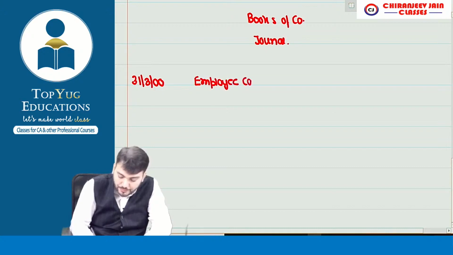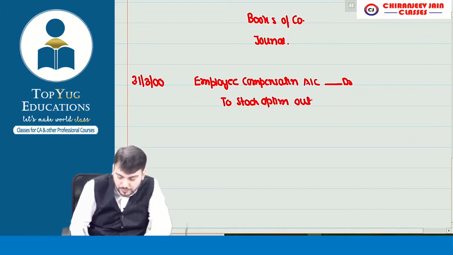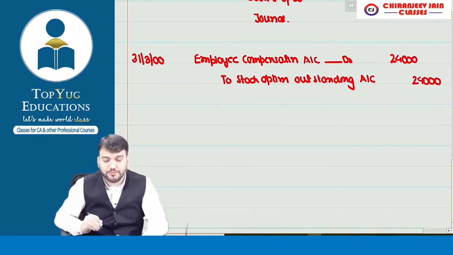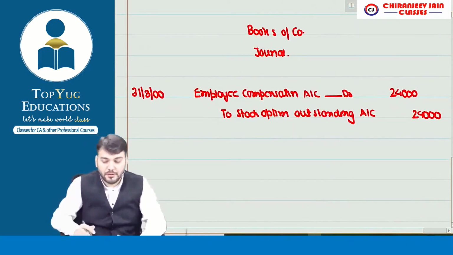Employee compensation account debit, to stock option outstanding account. How much? 24,000.